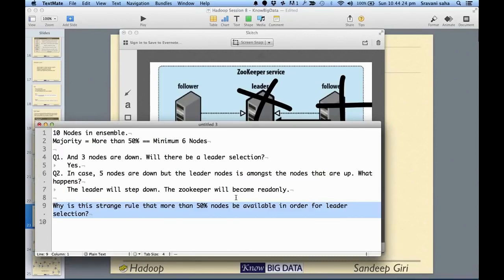No, I did not get this one. Shouldn't it continue running even if we have 5 nodes? Why should it just drop everything, stop everything, if we have less than or equal to 5 nodes out of 10?